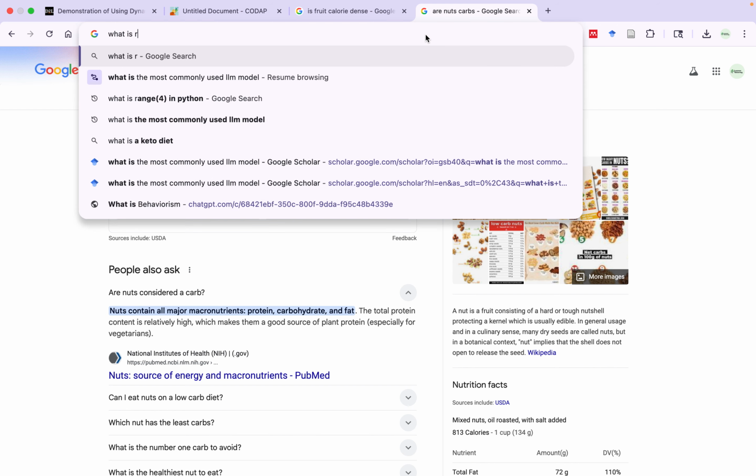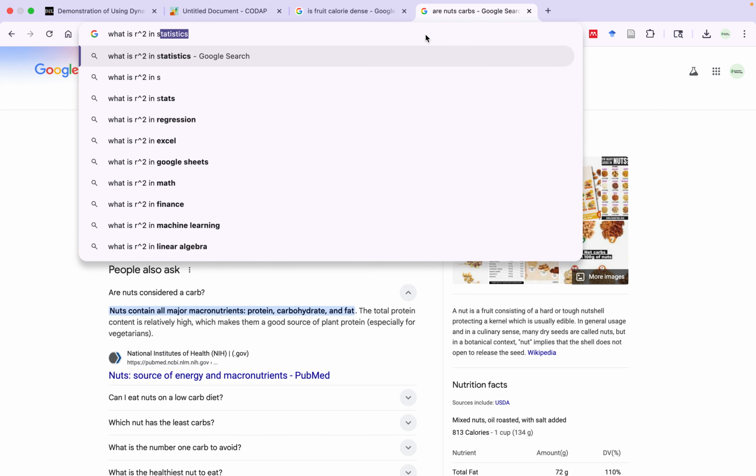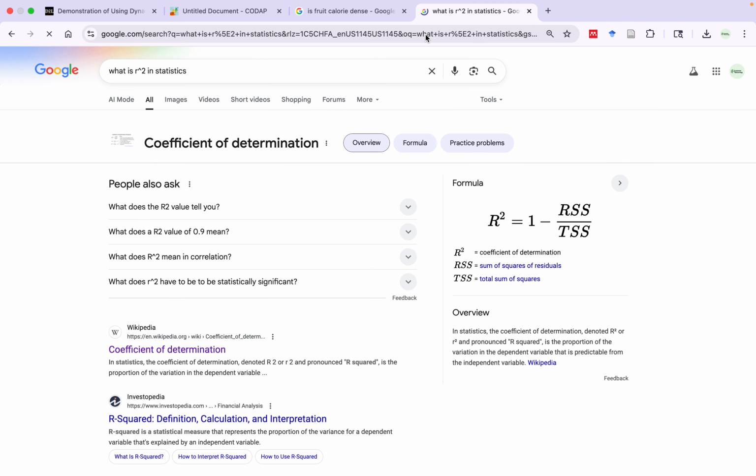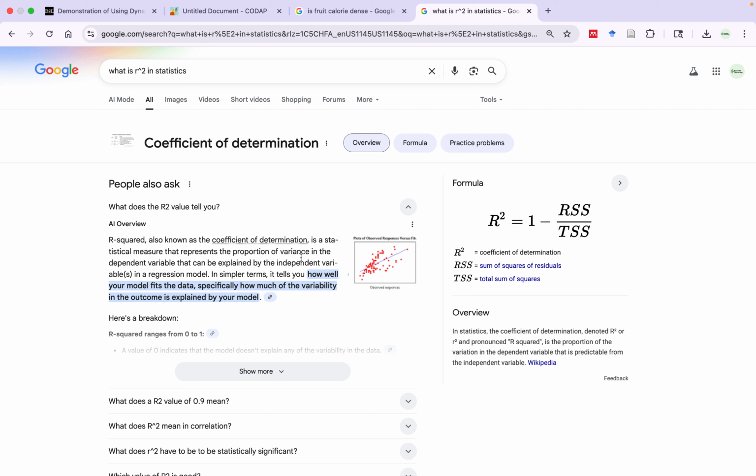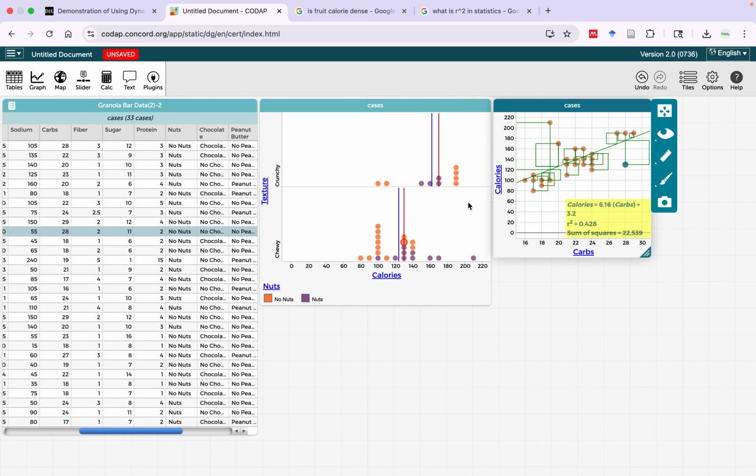What is R squared in statistics? Coefficient of determination. It's how much it affects it, right? Portion of variance in the dependent variable that can be explained by the independent variable. Oh, 42% of it.